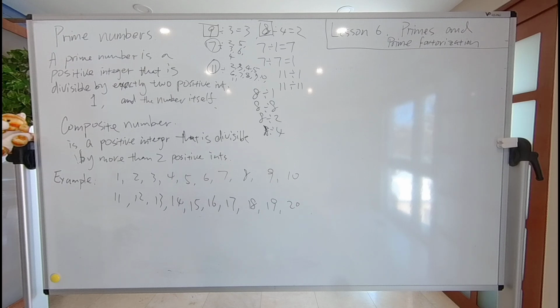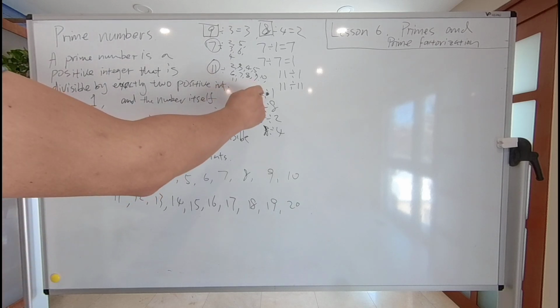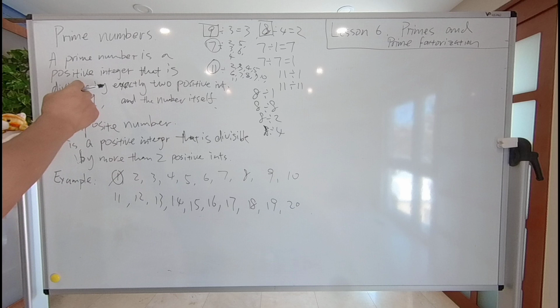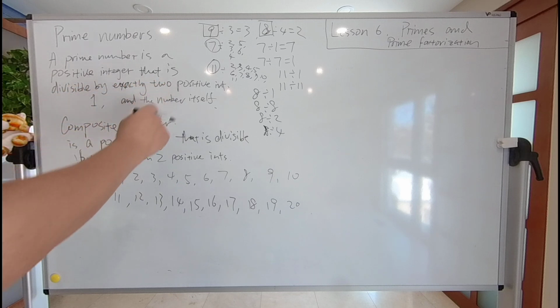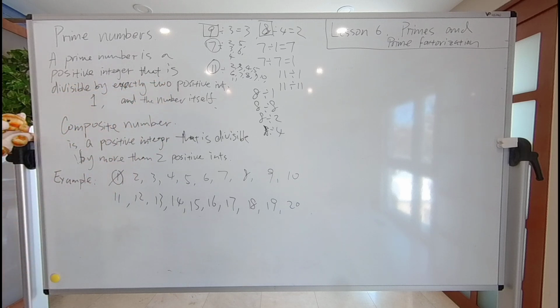But as practice, let's look at the first 20 integers. What are the prime numbers there? First of all, number 1 is not a prime. This is because 1 is only divisible by 1, and itself is also 1. So it doesn't have exactly two positive divisors, it only has one positive factor.